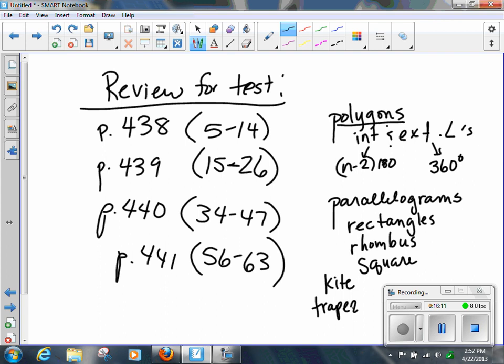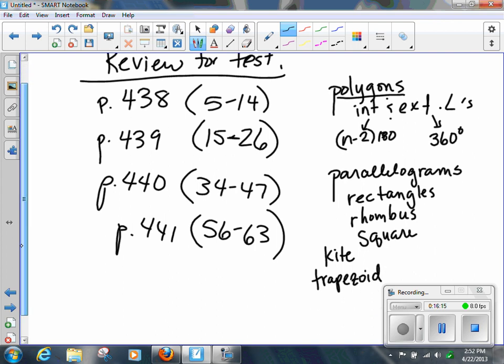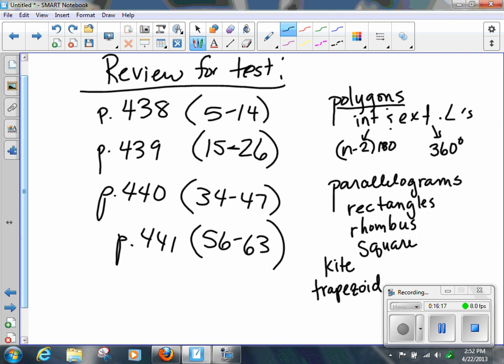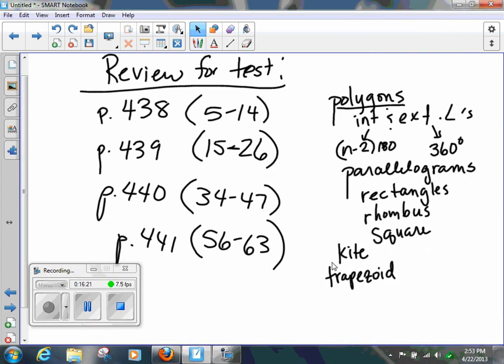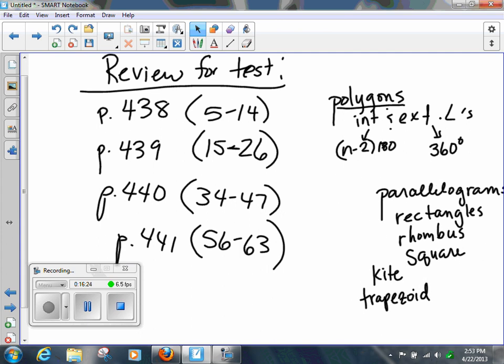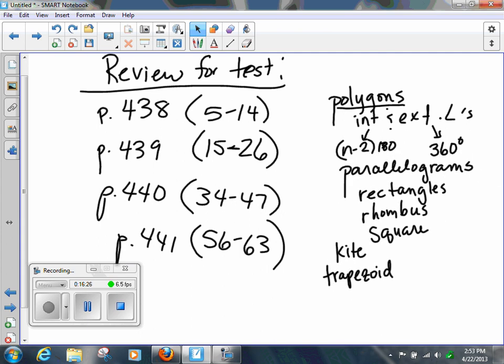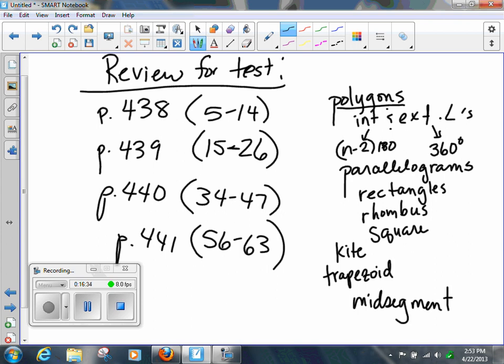And then what's the very last thing in the trapezoid section that we have to go over? Very last thing, mid-segment. Okay? It's a big chapter, folks. It's a big chapter. You need to, a hexagon's in there.